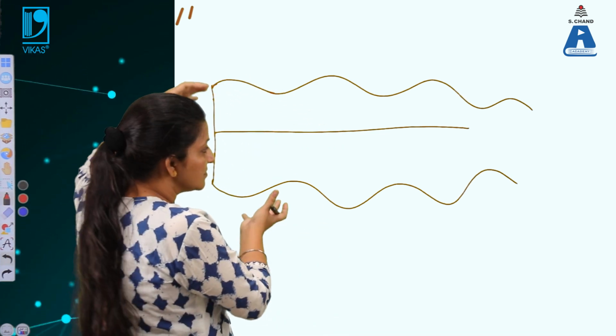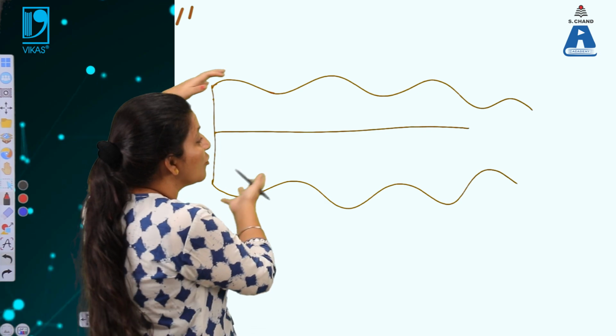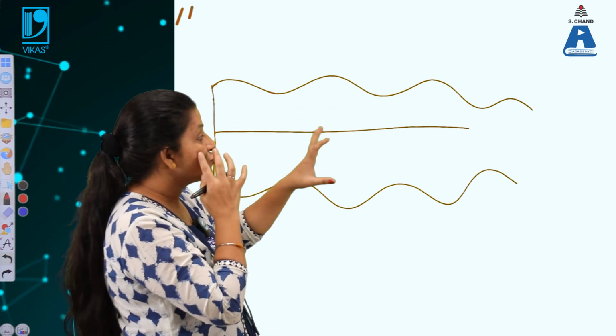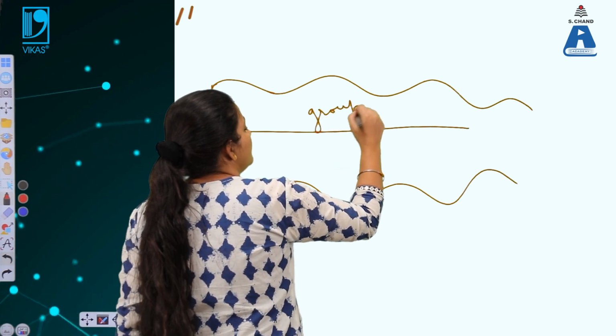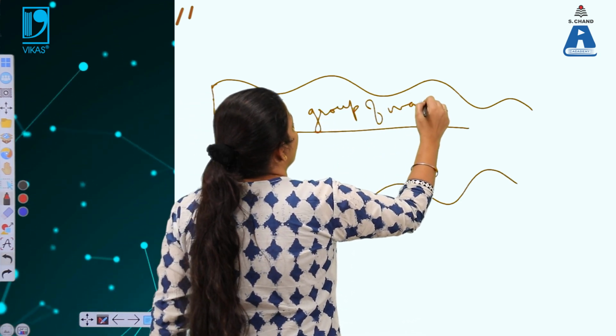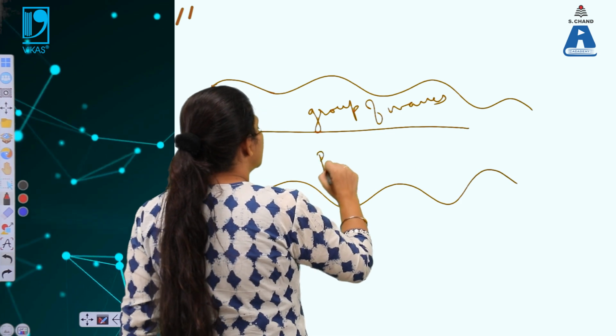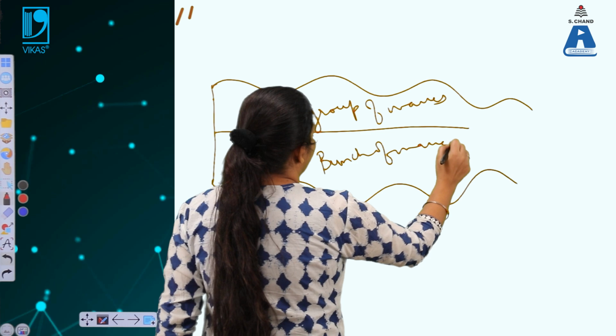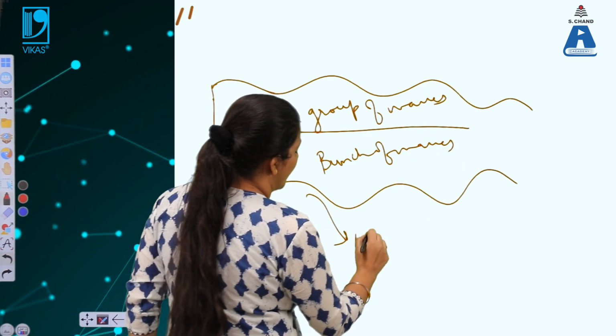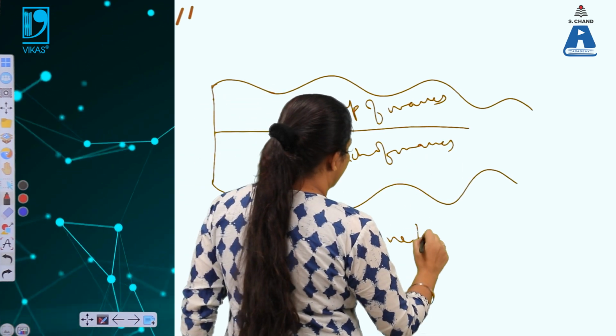It appears that a group is traveling over here. So this is known as a group of waves or a bunch of waves, and this group of waves or bunch of waves is known as a wave packet.